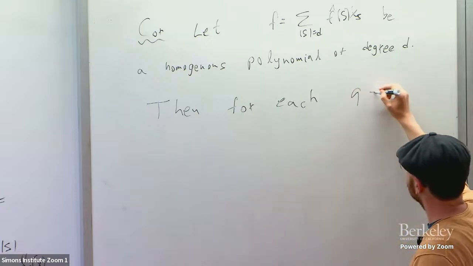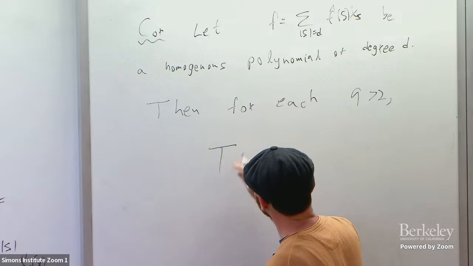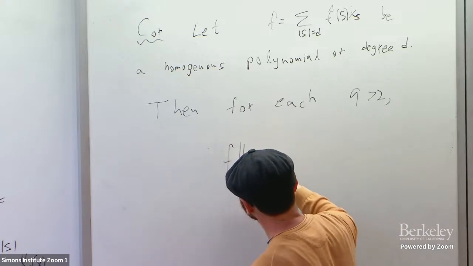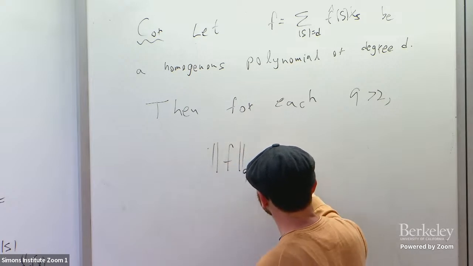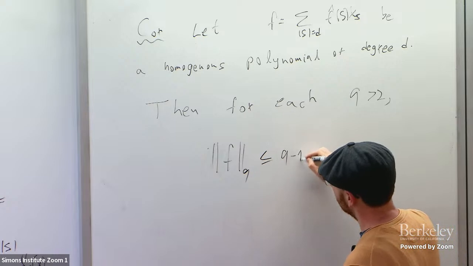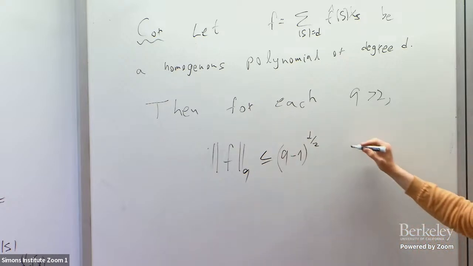If we take any q that is at least 2, we get that the q norm of f is at most (q minus 1) to the d over 2 times the 2 norm of f.